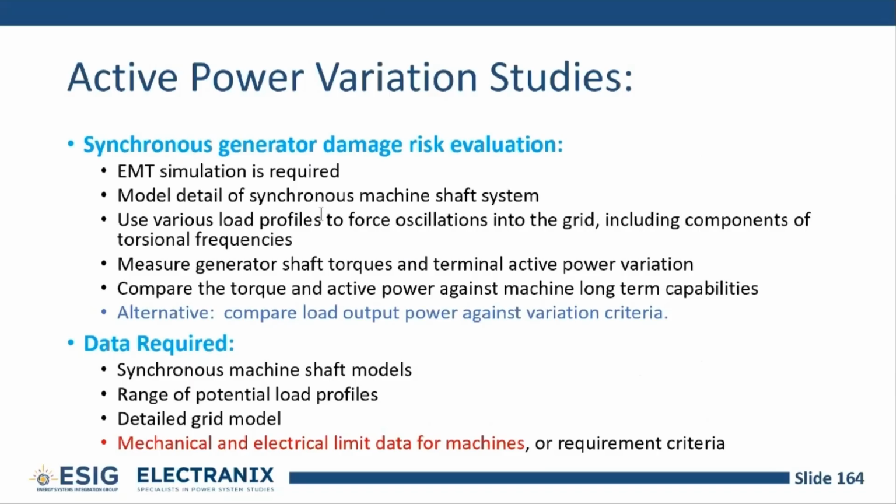But what you're interested in is if you do sharp impacts on the system, like faults, and you have a resonance in your system, the system tends to ring down instead of quickly damping. It rings down, and if that ringing is at a torsional frequency, it hits that SN curve. So you get a certain number of cycles of that ringing that can overlap the SN curve, and so you have to decide if that's okay or not. And we've done those studies before, and in order to do that, we get the SN curves.